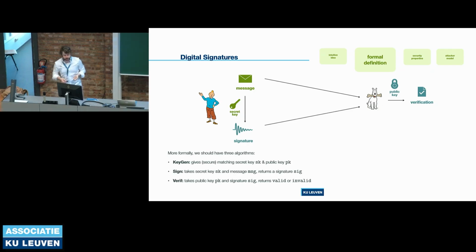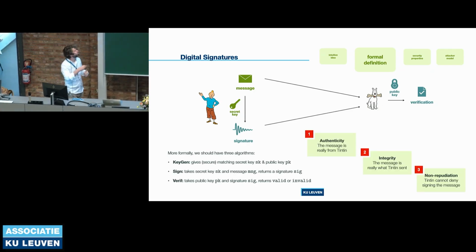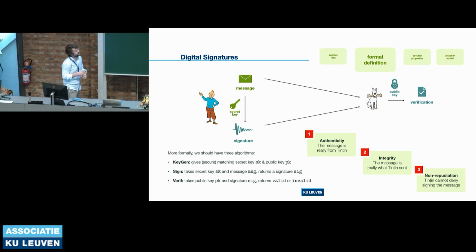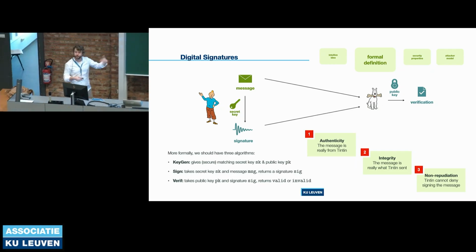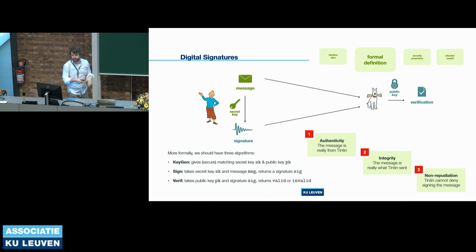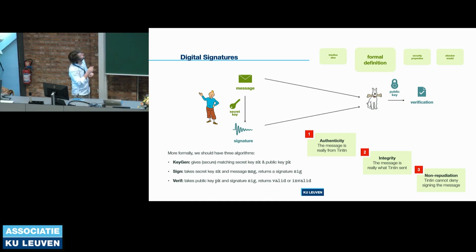And this should achieve a few things. First, it should achieve authenticity. If you get a message with a signature from somebody's public key, it was really them that sent this message, or at least made this signature on the message. It also achieves integrity, so that nobody tampered with the message. The message is really as it was meant to be.